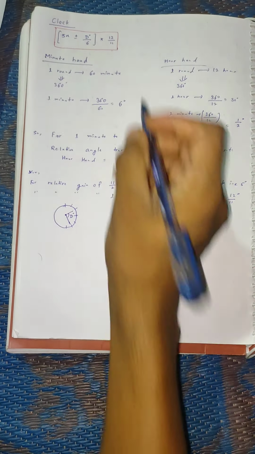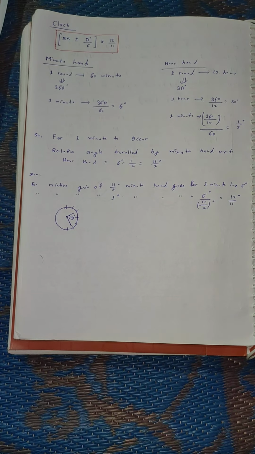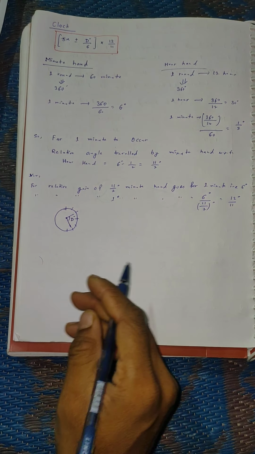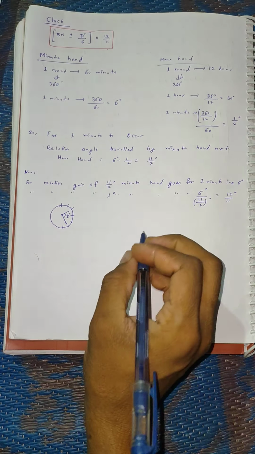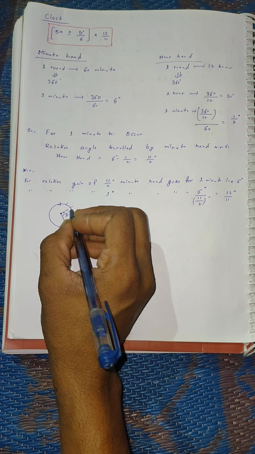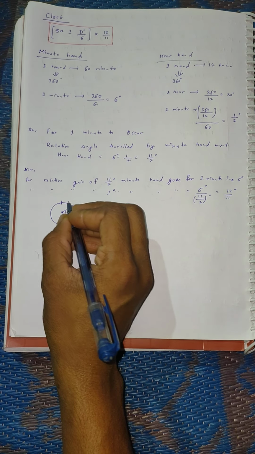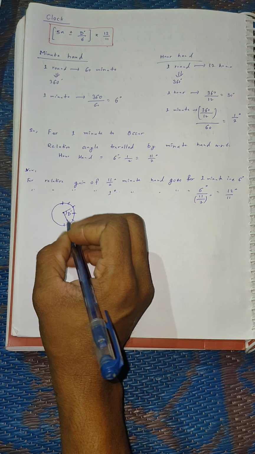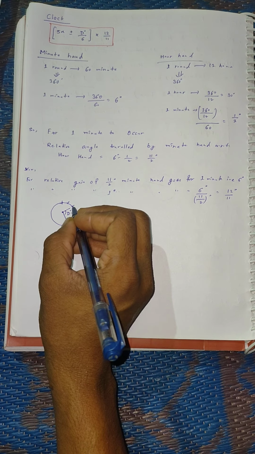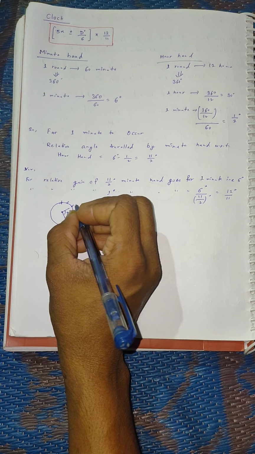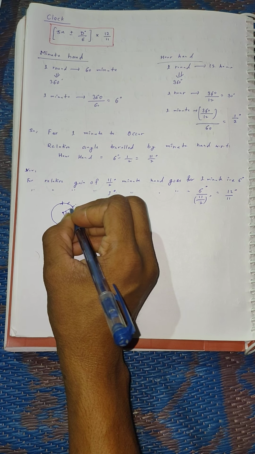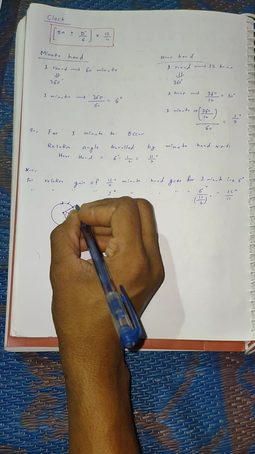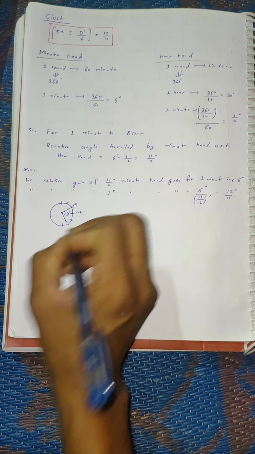Now how this formula comes, I am going to teach you. Since 30 degree, 30 degree, 30 degree, 30 degree total makes 360 degree, let us assume the hour end is between x and x plus 1 hour.